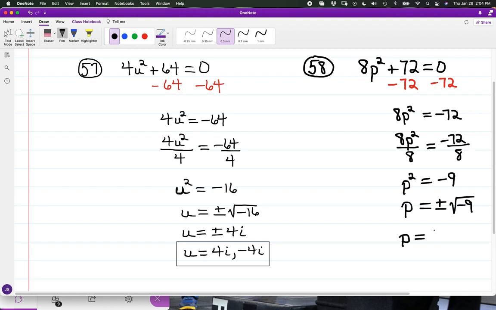In this case, p is going to go to plus or minus, where the square root of negative 9 goes to 3i. And just like what we have with u, in p we have complex roots that are additive inverses of each other. So again, we have 3i and negative 3i.